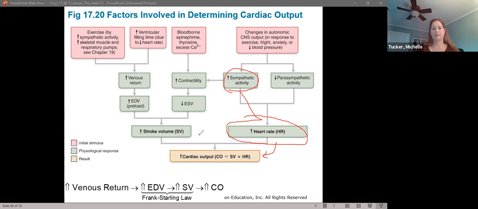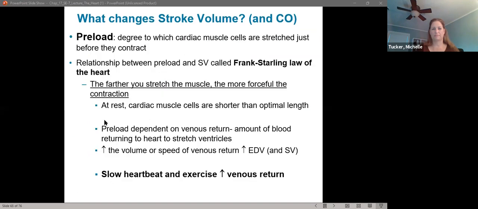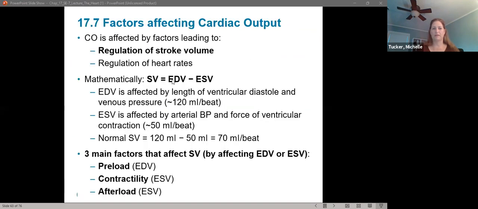Now we're going to look at stroke volume. So stroke volume is calculated as end diastolic volume, so a full ventricle, minus the end systolic volume, what is left in the ventricle after it has contracted. So stroke volume is end diastolic volume minus end systolic volume.